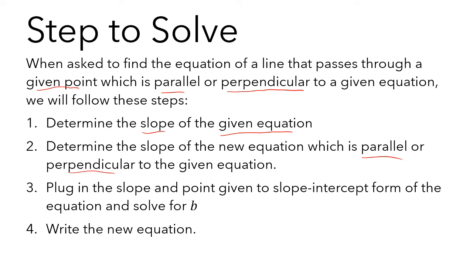And remember, parallel is going to be the same slope, perpendicular is going to be the negative reciprocal. Step 3, plug in the slope and the point that you're given to the slope-intercept form of the equation and solve for b. And then lastly, you'll be able to write your new equation, which is the line that passes through the given point and is parallel or perpendicular to your given equation.